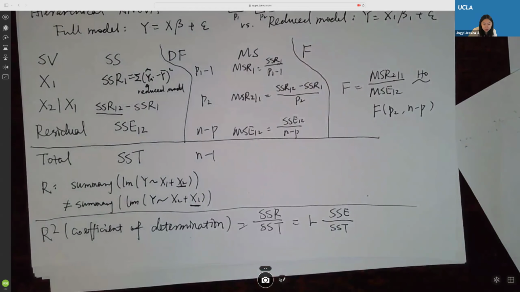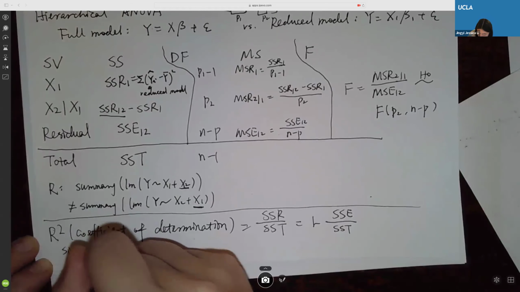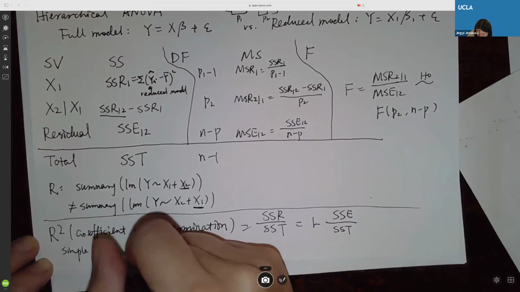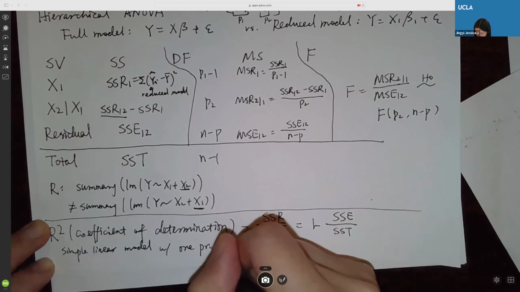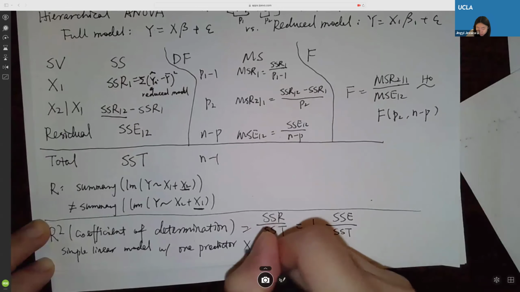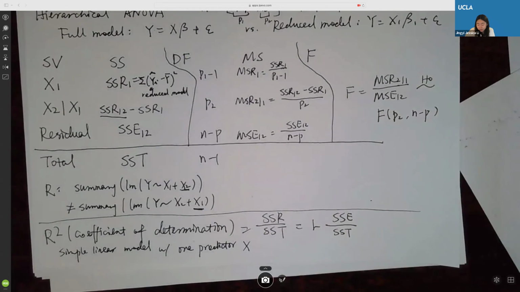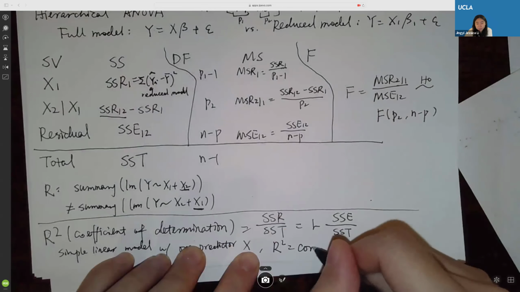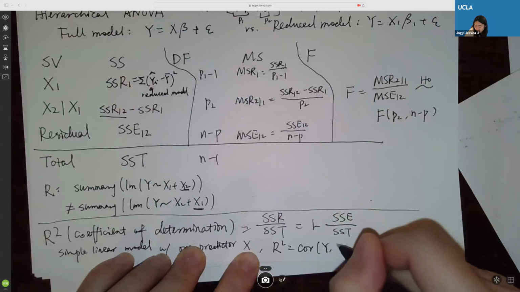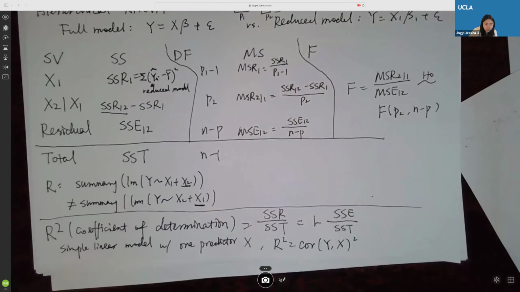But one thing to note is that if you're under a simple linear model with one predictor, X, so just one predictor, then R squared turns out just to be the square of the Pearson correlation between Y and X. The two vectors, you have an observed vector of Y, Y1 to Yn, you have an observed vector of this predictor, X1 to Xn.